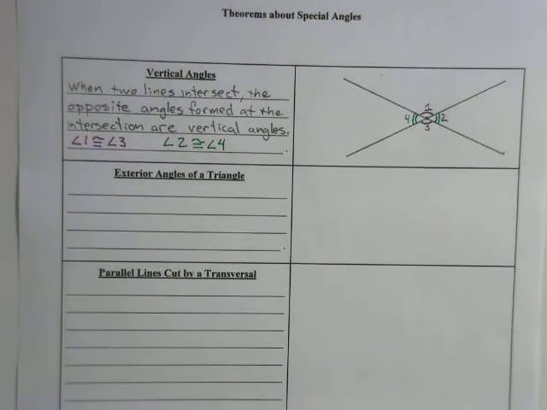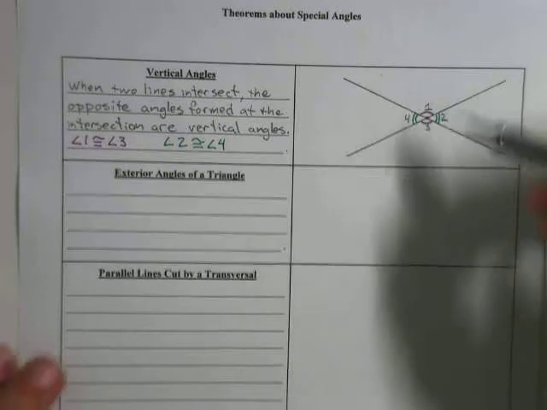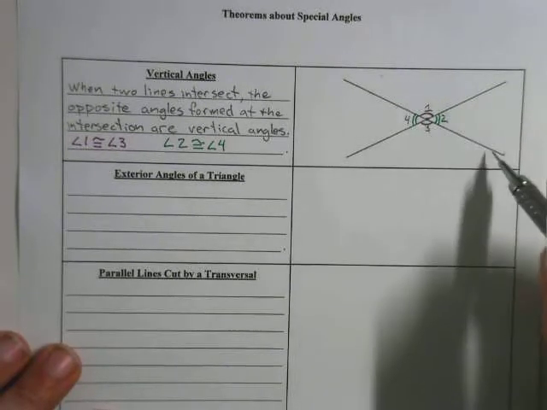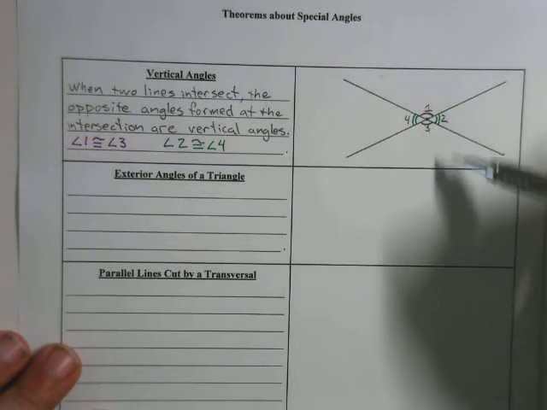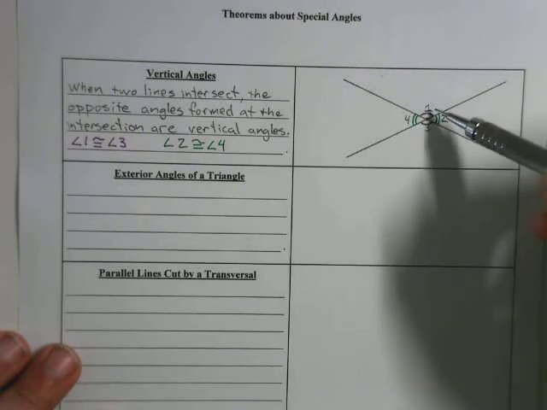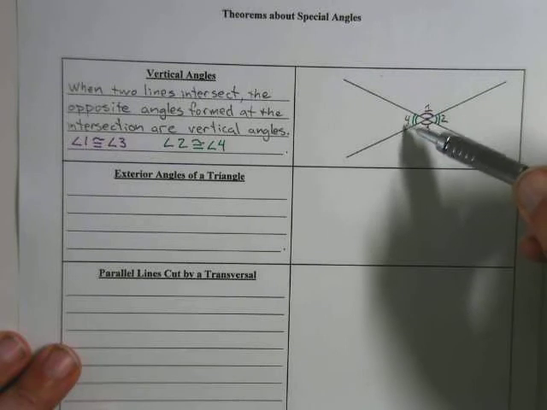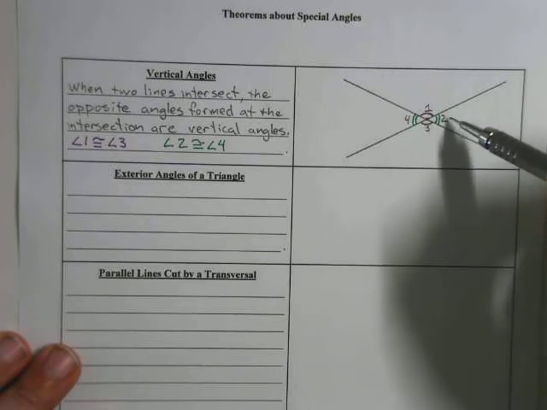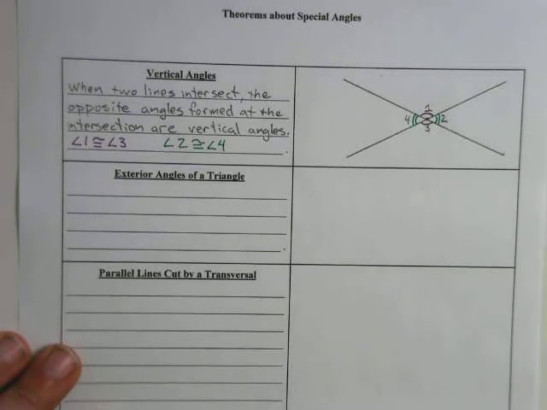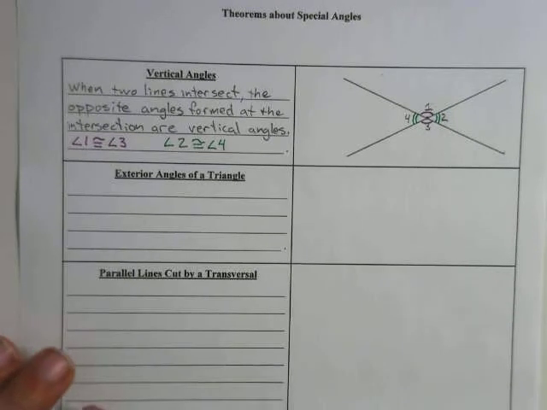So whenever you have two lines that are crossing, you will automatically have two sets of vertical angles that are directly across from each other at the intersection point. And those angles will always be congruent to each other.